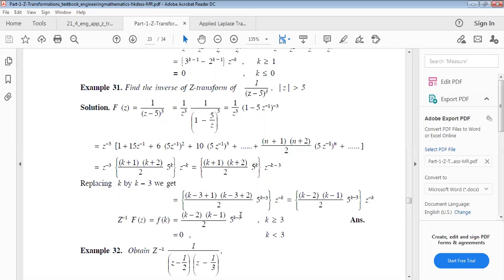This will be positive. So k greater or equal to 3, k minus 3 greater or equal to 0. This is why. And for k less than 3, this sequence will not be satisfied. This is why the sequence value will be 0.